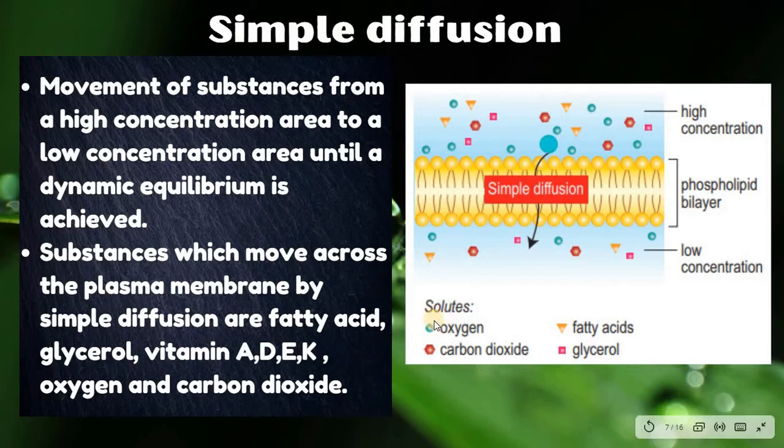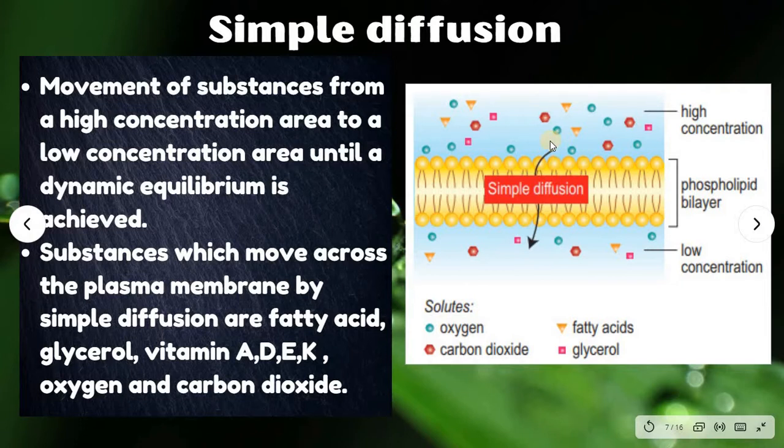If we look here at the movement of substances, please take a look at the oxygen. Oxygen in the outer environment, or extracellular, is higher. If you count the number of oxygen, there is a higher concentration on the outer side of the cell.